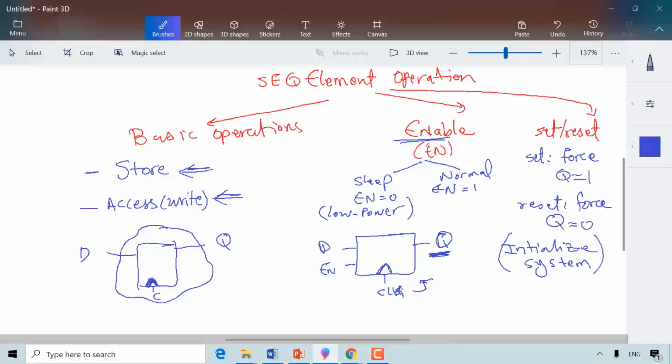We will look at two types of set and reset: synchronous set and reset, and asynchronous set and reset. So these are the types of operations: basic operations, enable operation, and set and reset.